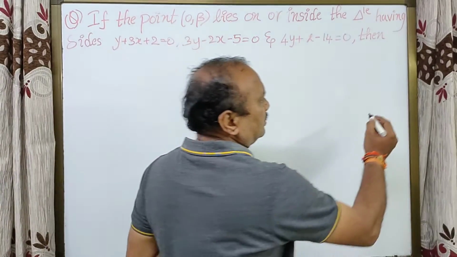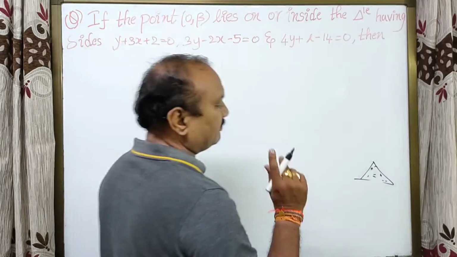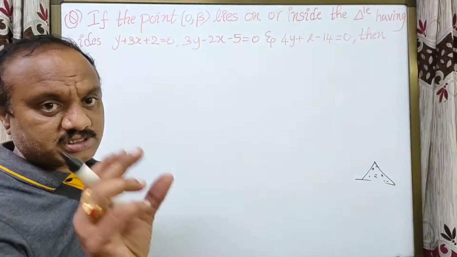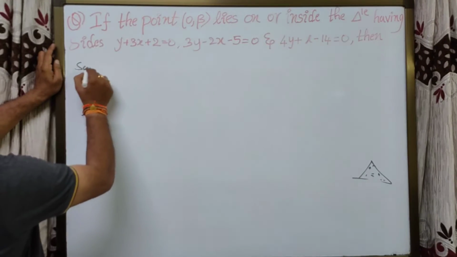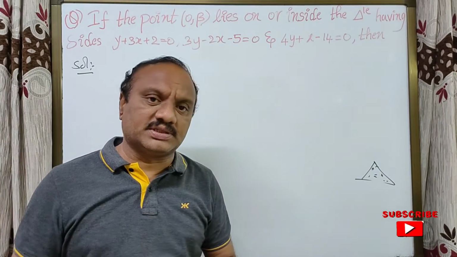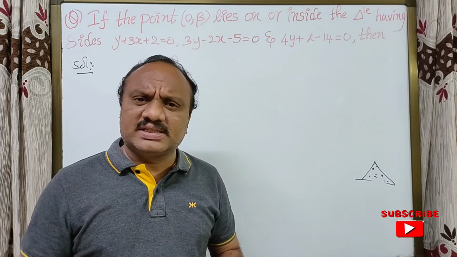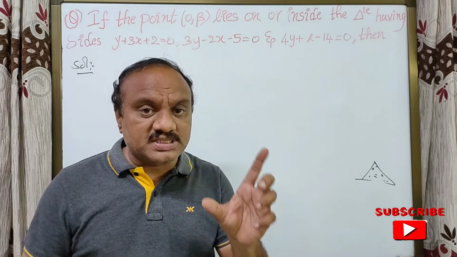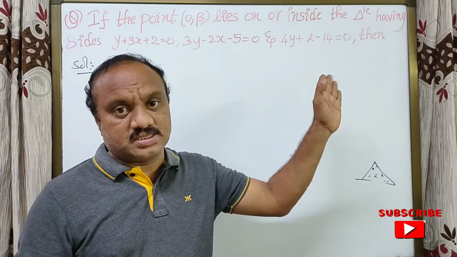My dear students, wherever you place the point inside the triangle, definitely that point follows some condition. First, write down each line in the intercept form. That is very important. Why do you write intercept form? To draw the rough sketch of the triangle formed by these 3 lines.